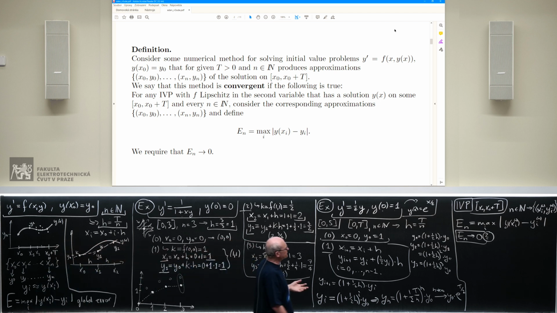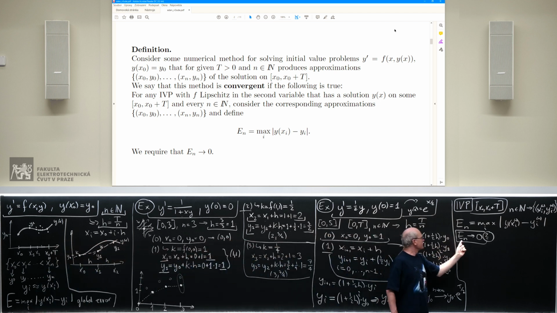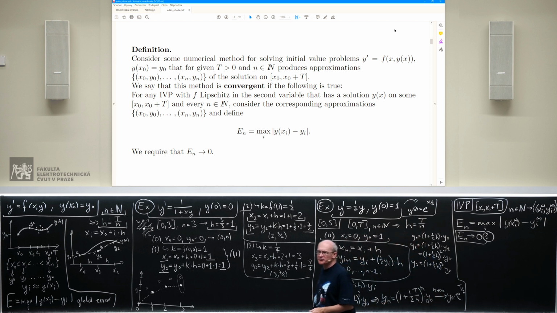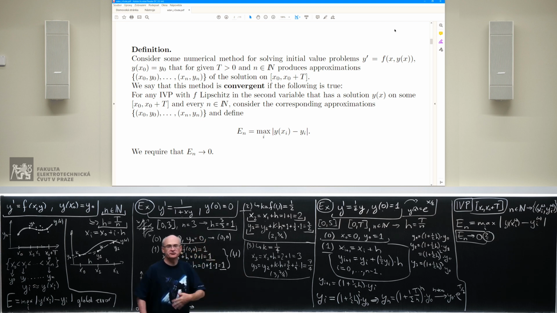But we are not just really interested in whether the error goes to 0. You know from previous chapters on numerical analysis that we really want to know how fast it goes to 0. So we now take for granted that all the methods that we will develop will be convergent, because otherwise I wouldn't show them to you. So every method which you will see here today and in the next lecture is convergent.